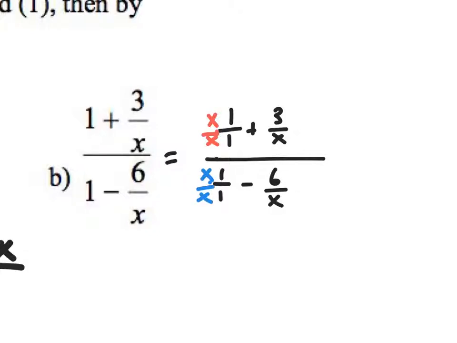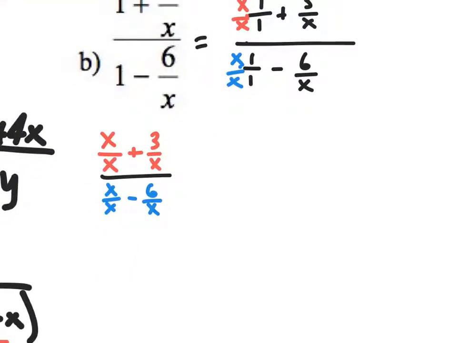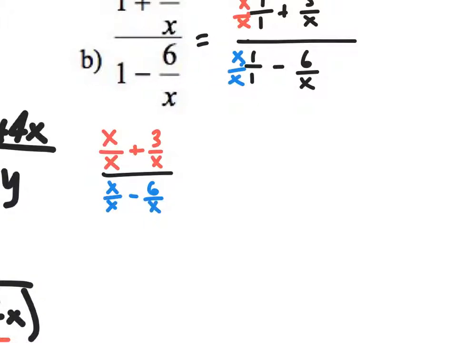So my next step is going to be this. I've got x over x plus 3 over x, and then I'm going to divide that by x over x minus 6 over x. Now I want to get one fraction out of this. So in my numerator, I'm going to get x plus 3 divided by x, because I'm just combining those as like fractions, and then divide that by x minus 6 divided by x.